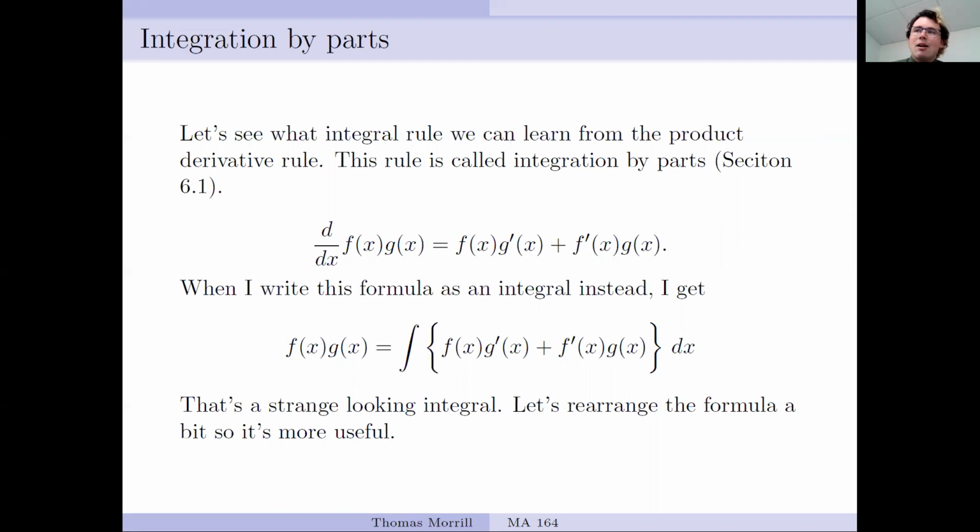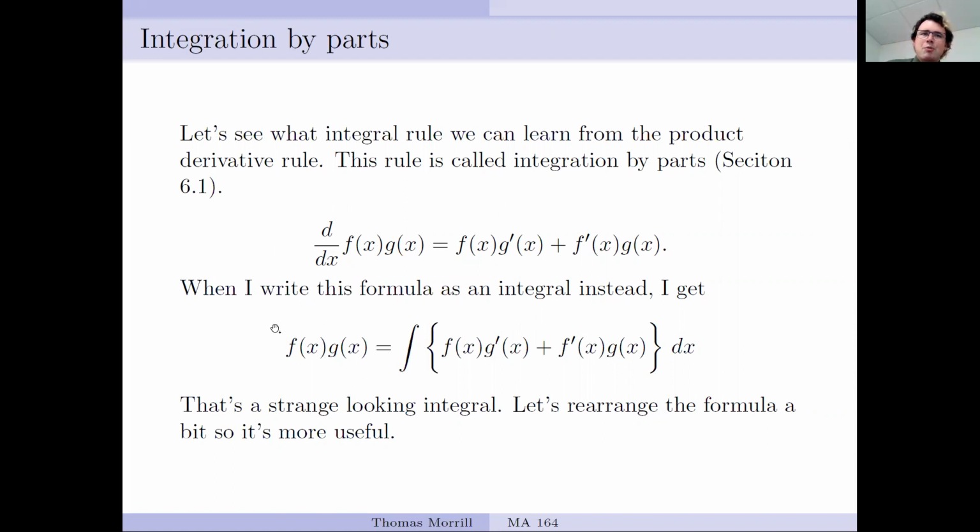Now, if I want to make this a rule about integrals instead, I'm taking the derivative of this function on the left, I get this function on the right. So it must be that if I integrate this function on the right, I should get this function on the left, up to a constant.